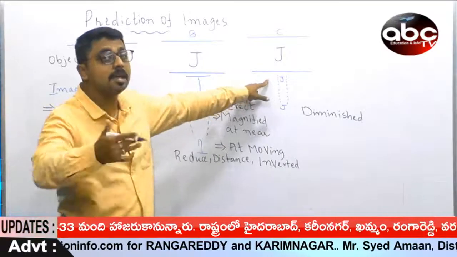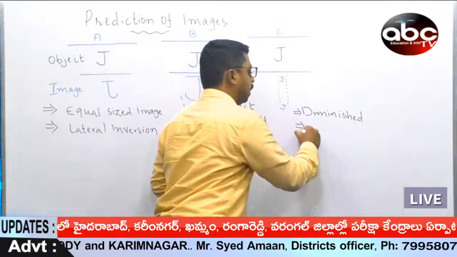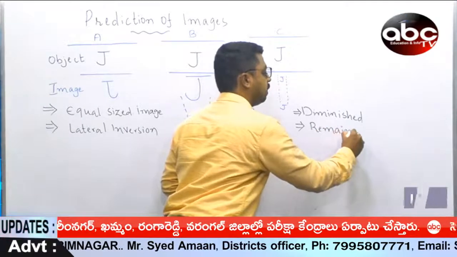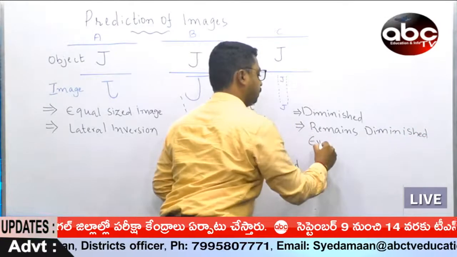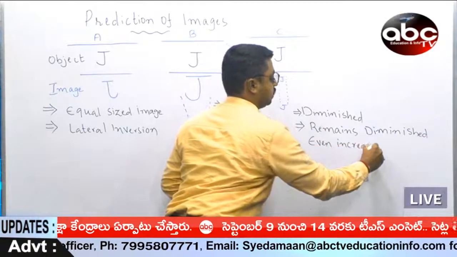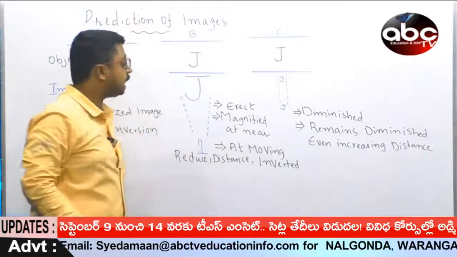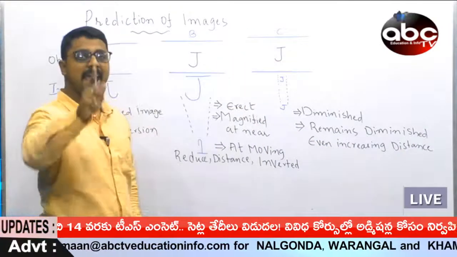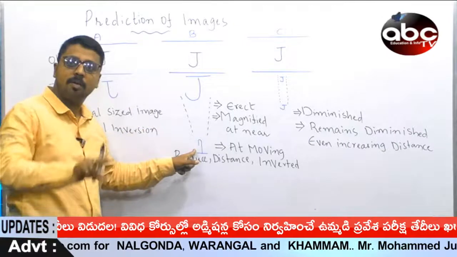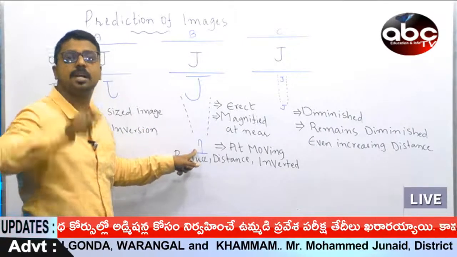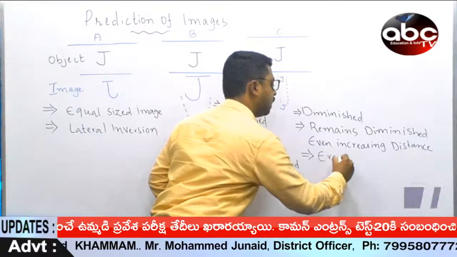If even you increase the distances also, this is nothing but called as a remains diminished, even increasing distance. బట్ ఇక్కడ మీరు అబ్జర్వ్ చేయాల్సింది ఏంటంటే ఇట్ ఈస్ స్టాండింగ్ ఇన్ ఎరెక్ట్ పొజిషన్, రివర్స్ అవ్వట్లే యాజ్ లైక్ దిస్. ఇక్కడ అవుతున్నట్టు డిస్టెన్స్ పెరిగితే రివర్స్ అవ్వట్లే, ఇన్వర్టెడ్ ఇమేజ్ అనేది కన్వర్ట్ కావట్లేదు. ఇట్ ఈస్ నాట్ కన్వర్టింగ్ ఇంటూ అన్ ఇన్వర్టెడ్ ఇమేజ్, ఇట్ ఈస్ స్టాండింగ్ స్టిఫ్. దట్ ఈస్ ఎరెక్టెడ్ ఇమేజెస్లోనే ఇక్కడ పాసిబుల్ అవుతుంది.